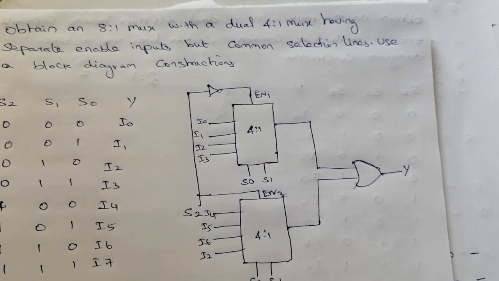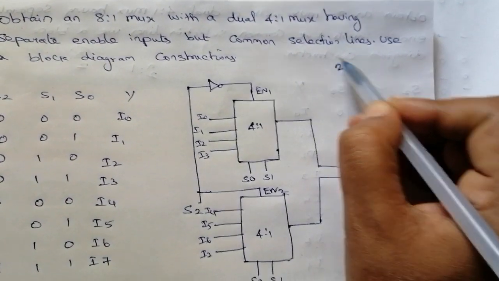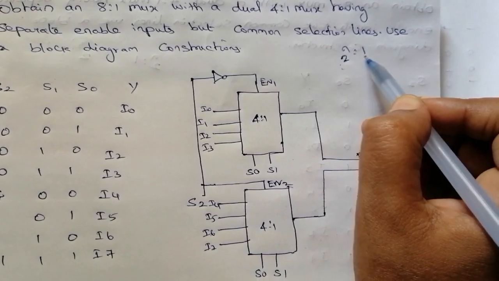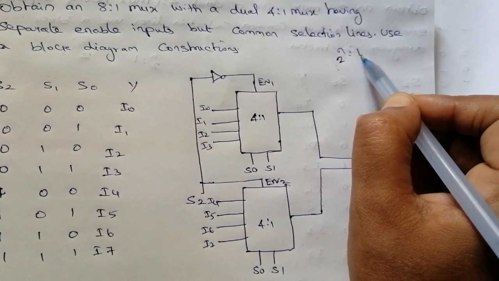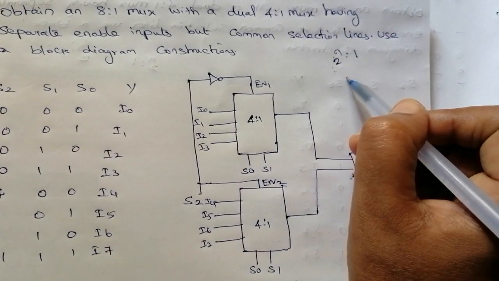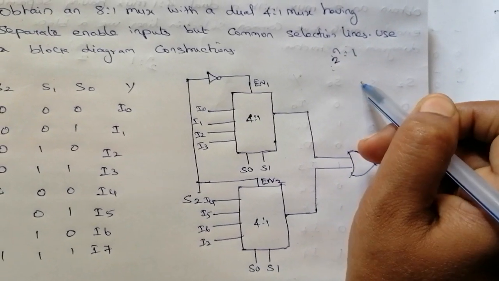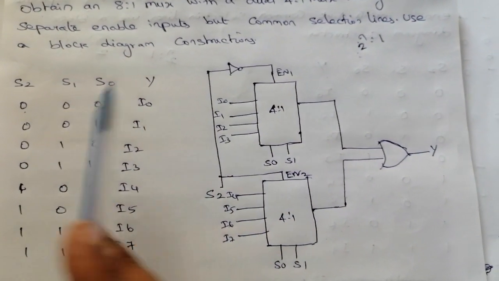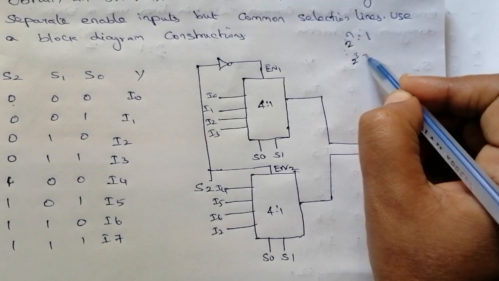So an 8:1 mux is nothing but a 2 power n to 1 mux, which accepts 2 power n inputs and produces a single output. That output selects a particular input based on the selection line combinations, right? For an 8:1 mux it requires 3 selection lines because 2 power 3 equals 8.